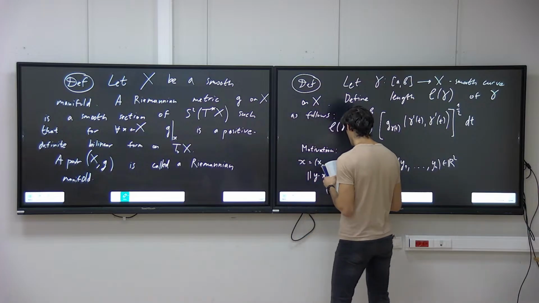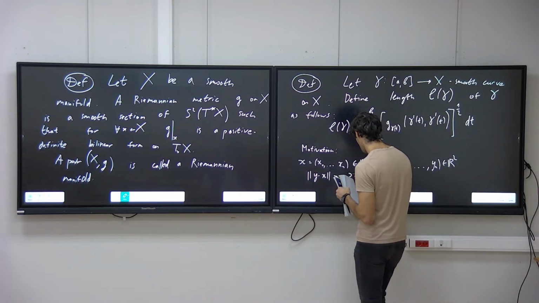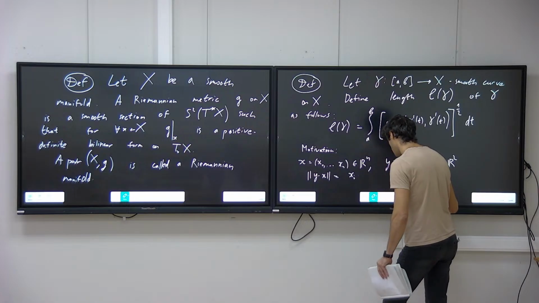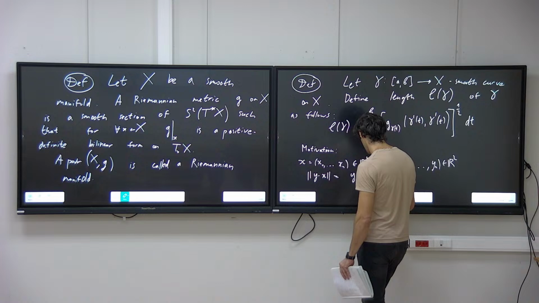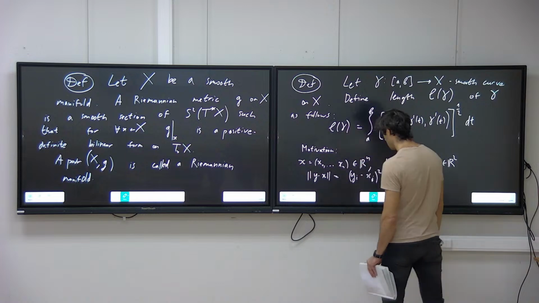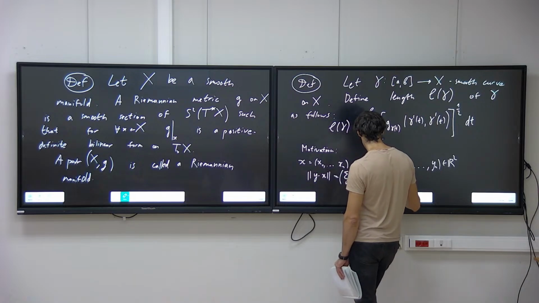Right. So I take clearly x_i minus y_i, squared, right? And then I take the sum of this over i, and then take the square root, right?